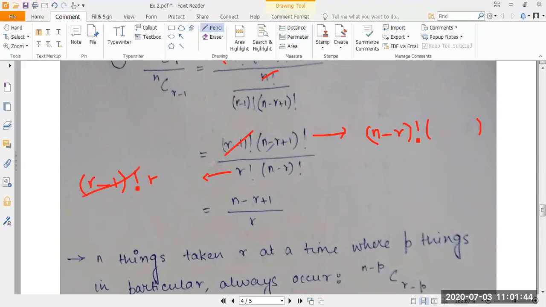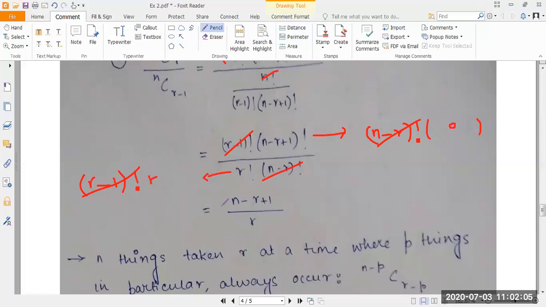Similarly, if I replace (n-r+1) factorial as (n-r) factorial into (n-r+1), this term and this term will get cancelled. So what I'll have remaining is n-r+1, the term that I had here, and in the denominator I'll have r.